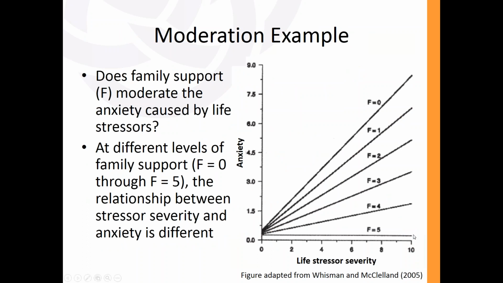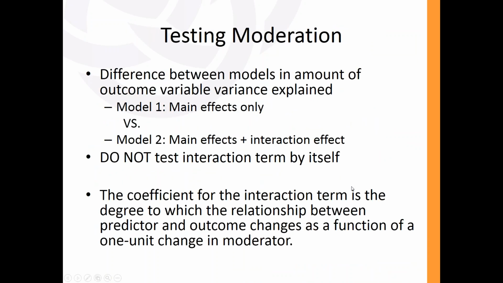So the beta coefficient for the interaction term is telling you, for each change in your moderator, what is the change in the relationship between the predictor and the outcome? In this case, you can see that the slope changes by a certain amount, and that coefficient tells you the extent of this. I think in this article it's like 0.16 or something, the change in the slope. That's how you would describe the extent of that moderation effect.